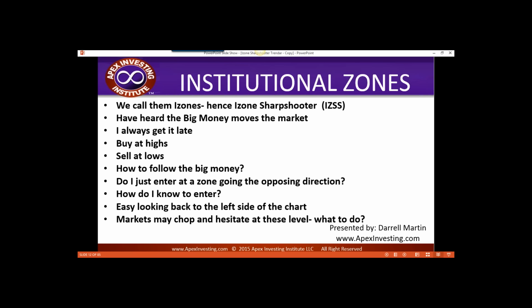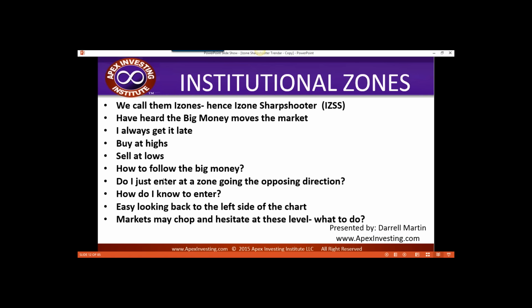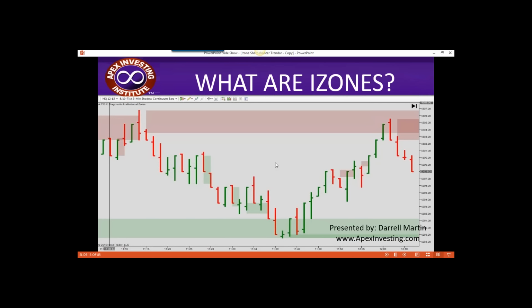I find myself thinking, oh, okay, the market's moving, but then I seem to sell down here at the low, or I seem to not buy until right up here at the high, and then the market turns against me. Like, I've heard this, and I like the idea of trading with institutional zones, but what do I do? How do I know when to get in?